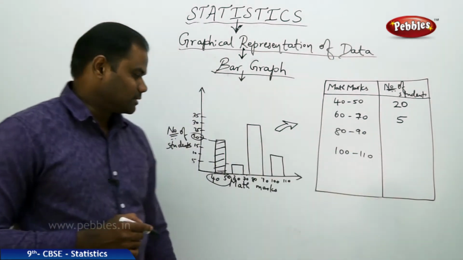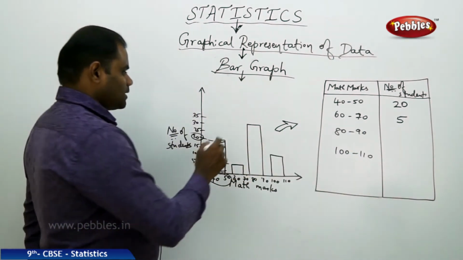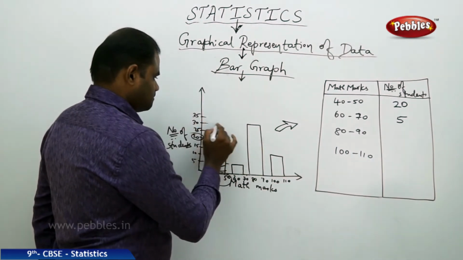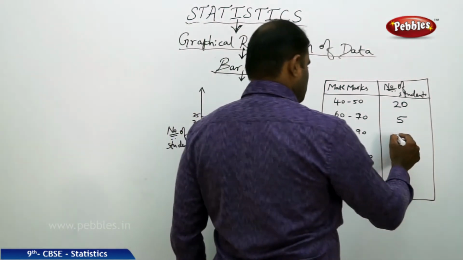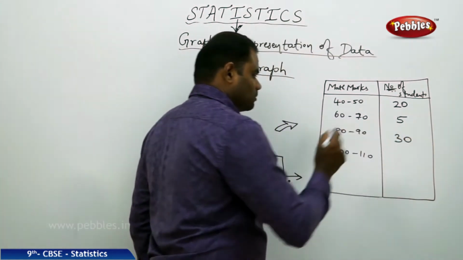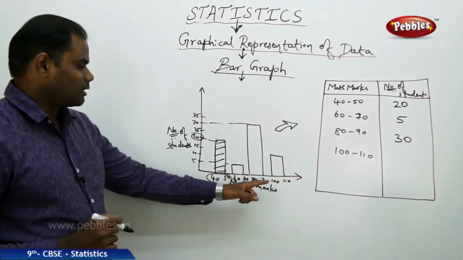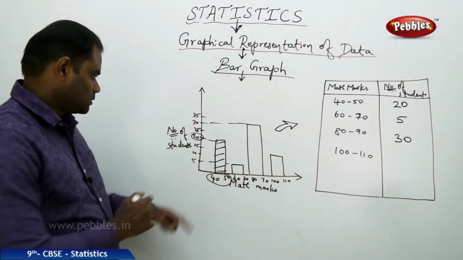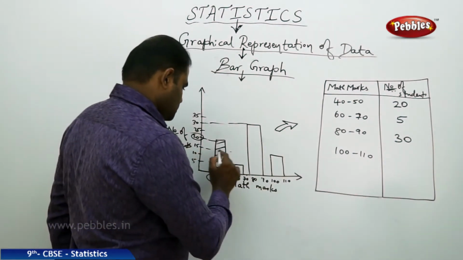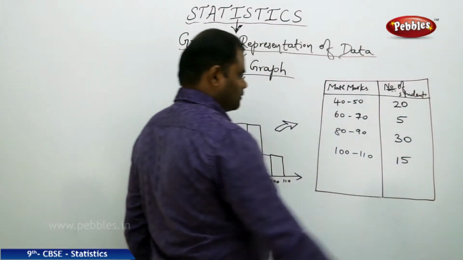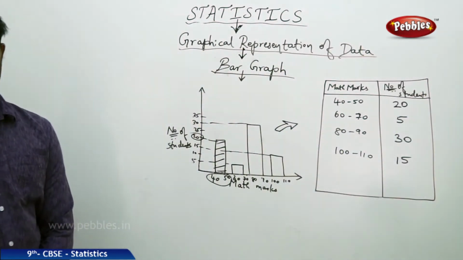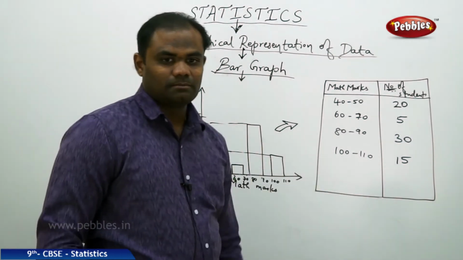Next, 80 to 90 touches at 30. So there are 30 students who got between 80 and 90. And 100 to 110, I see this touching up to 15. So I have 15 students who got the marks between 100 and 110.